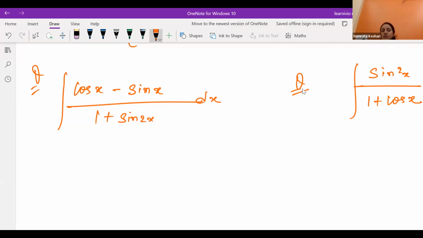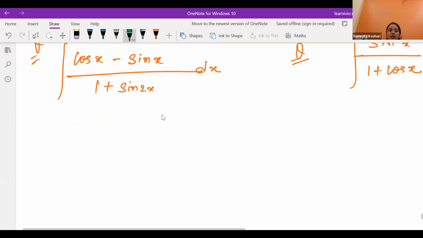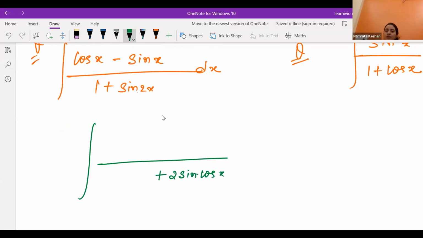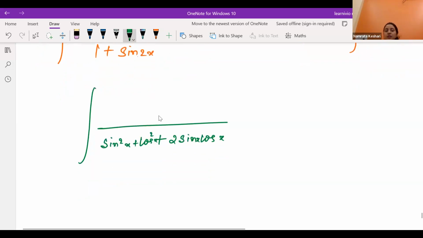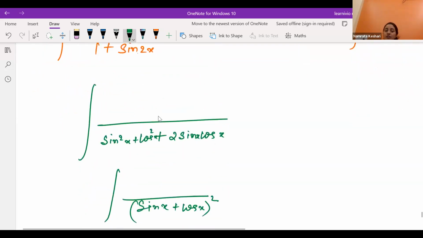In inverse trigonometric functions, we were doing this type of simplification. Can you see 1 plus sine 2x, in the denominator we can write sine 2x as 2 sine x cos x, right, Annapurna? Yes. And can we write 1 as sine square x plus cos square x? Yes. Okay, so the numerator will remain as it is. The denominator will become sine x plus cos x whole square. Yes or no? Yes.